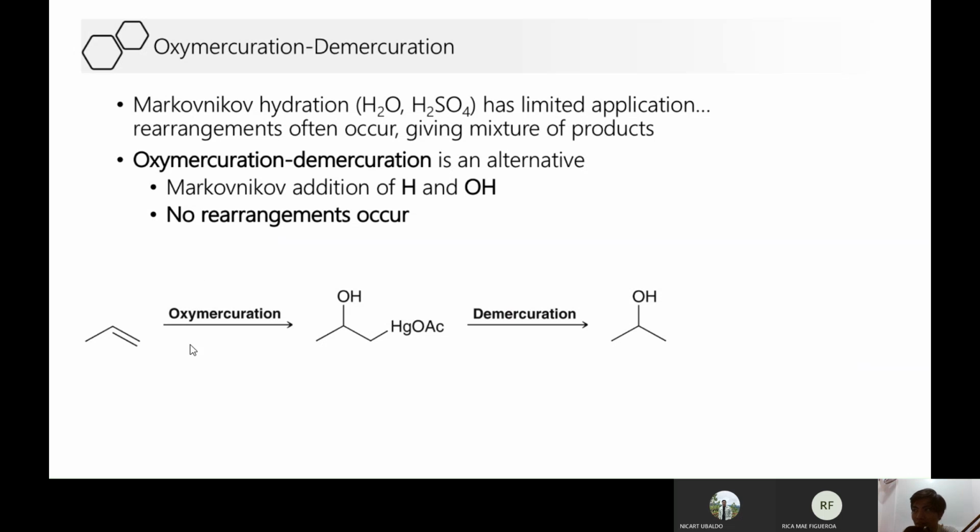And then, our carbocation will not undergo rearrangement. And our product is always the Markovnikov addition. When you say Markovnikov addition, your OH, your halide, whatever your nucleophile is, attaches to the most substituted carbon, the most substituted carbocation.